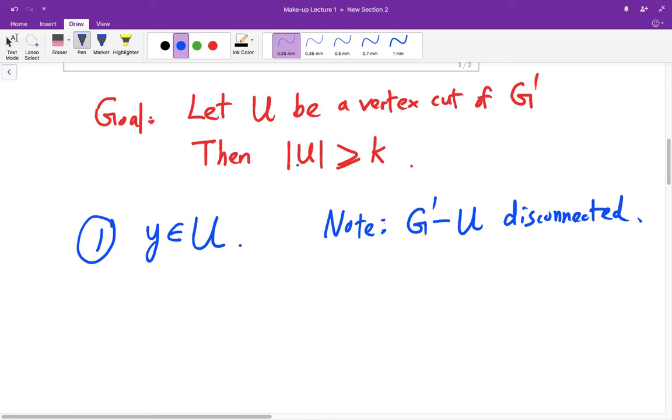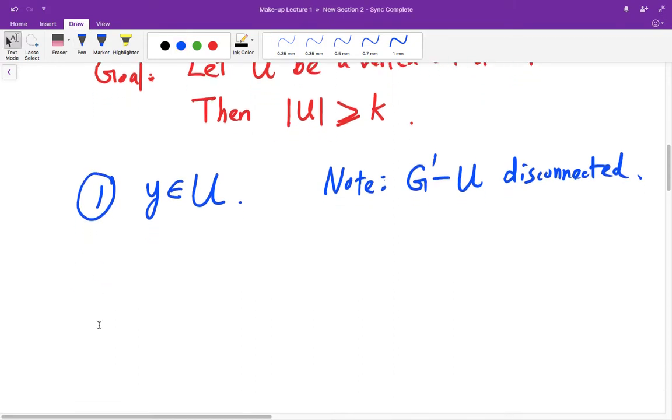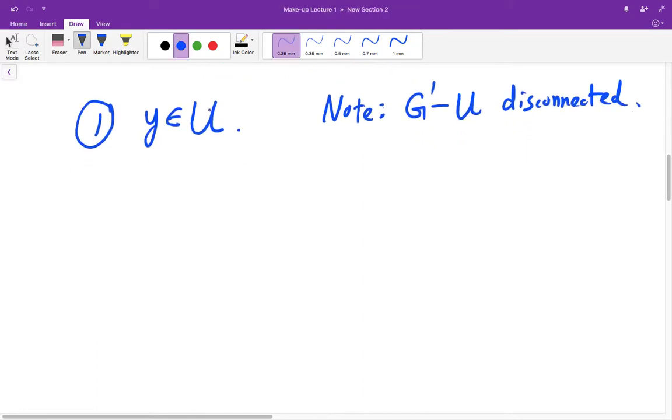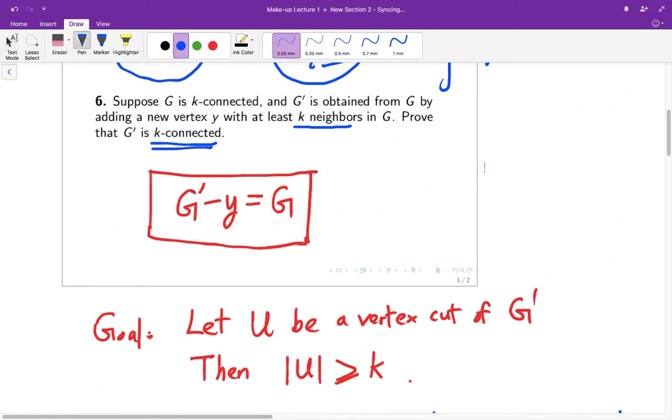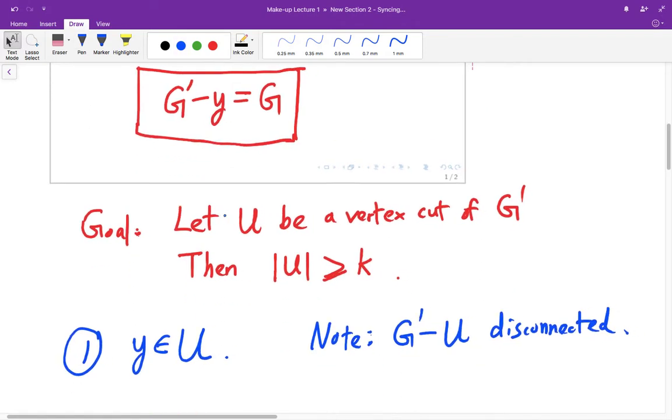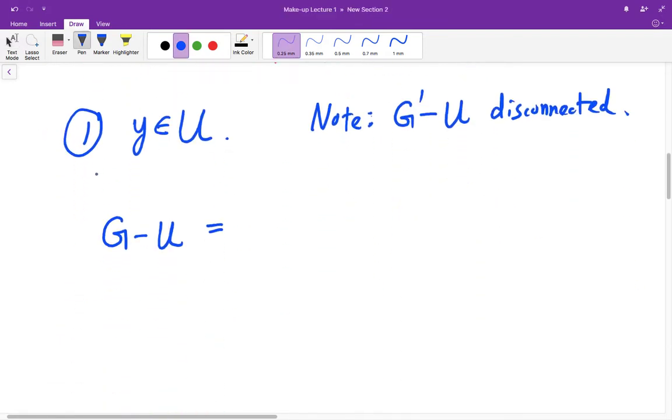Now, to determine the size of U, we're going to look at the graph G minus U. What is G? Remember, G is actually G prime with Y deleted. So I'm going to replace G over here by G prime with Y deleted.